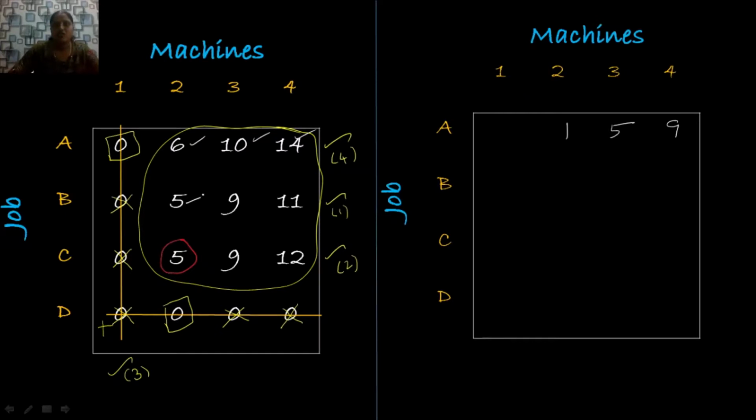Next for the second row, 5 minus 5, 0, 9 minus 5, 4, 11 minus 5, 6. And for the third row, 5 minus 5, 0, 9 minus 5, 4, and 12 minus 5, 7.